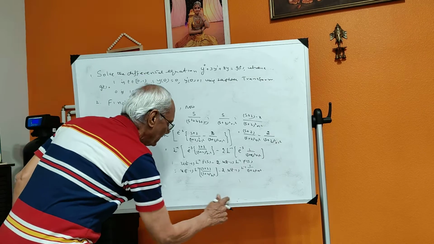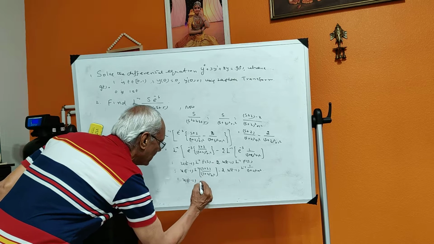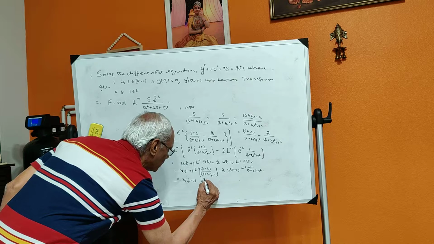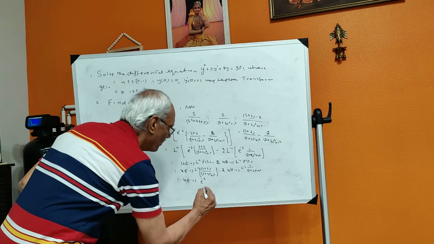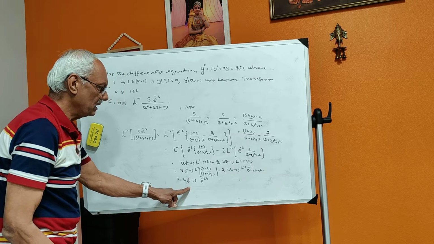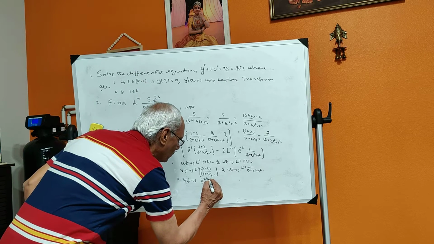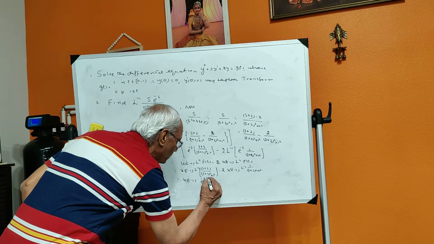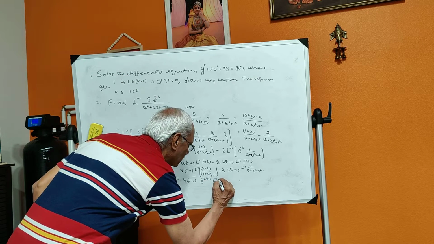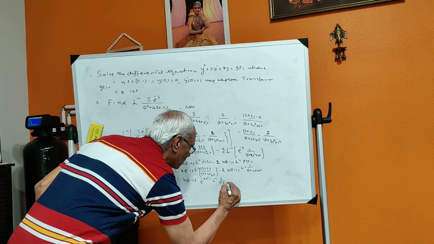So this is u of t minus 1 into e to the power of minus 2t, but because of this step function, it will be e to the power of minus 2 times (t minus 1) into L minus 1 of s divided by s squared plus 1.